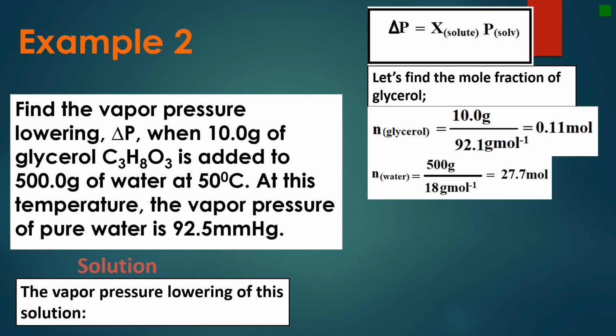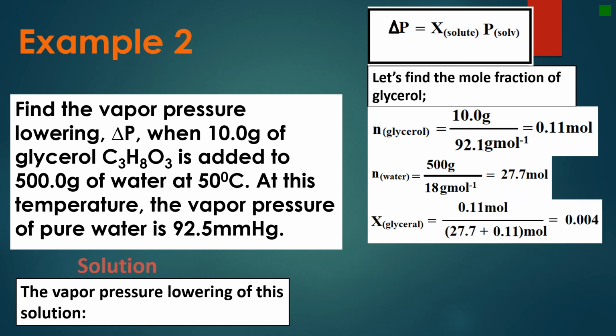And then the mole fraction of glycerol is equal to the number of moles of glycerol, which is 0.11 mole, over the total number of moles of water and glycerol, that's 27.7 plus 0.11 mole, and then we get 0.004 as the mole fraction of glycerol.